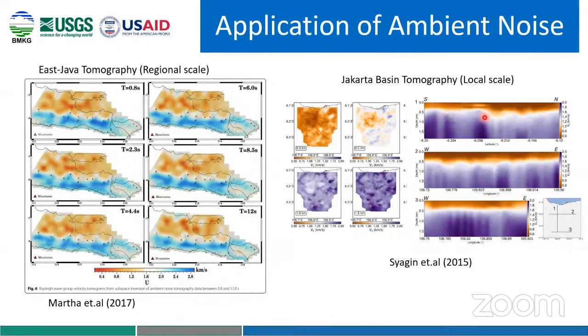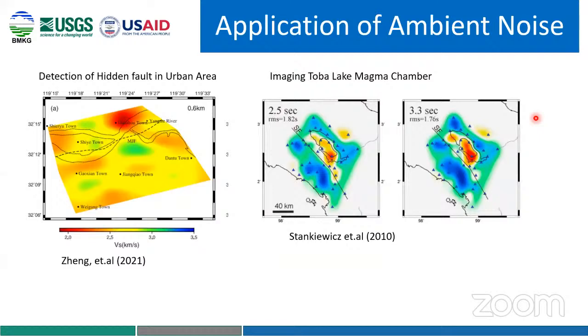They successfully imaged the depth of the sediment beneath Jakarta. Ambient noise can also be applied to detect hidden faults in urban areas, like the case in Guangzhou town by Zheng et al. 2021, and Stankiewicz et al. 2010, who used ambient noise to reveal the existence of two magma chambers beneath Lake Toba in northern Sumatra.